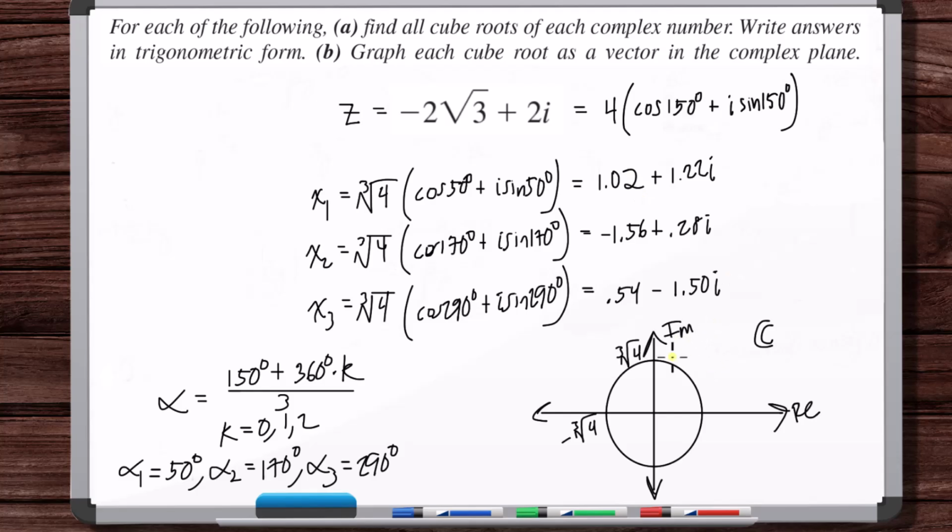Okay, so we've got, let's see, we start at 50, about there, then 170, right there, then 290, about right there. Okay, x1, and there we go.